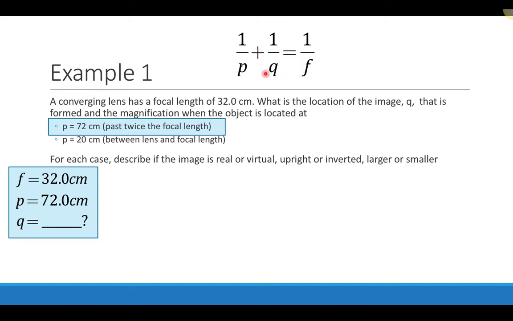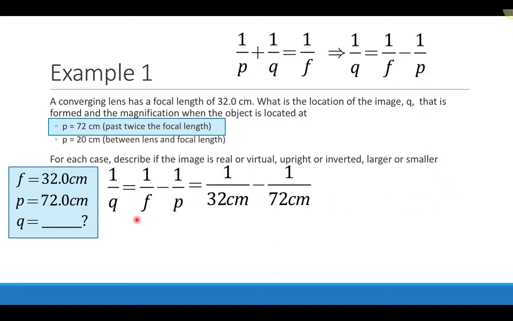We're trying to determine the image distance, so we can rewrite this by subtracting 1 over the object distance from both sides. I find that 1 over the image distance is 1 over the focal length minus 1 over the object distance.